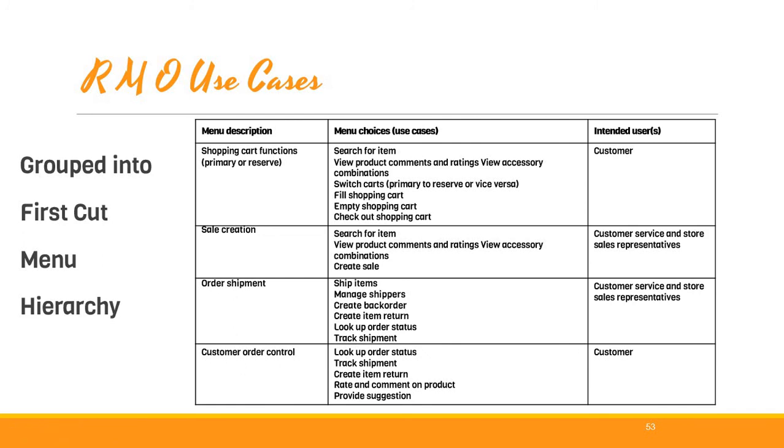So each menu collects use cases from one subsystem for a customer or the sales representative. So the number of menu choices range from 4 to 7, which won't overload any one menu and may enable multiple menu levels to be displayed at one time.